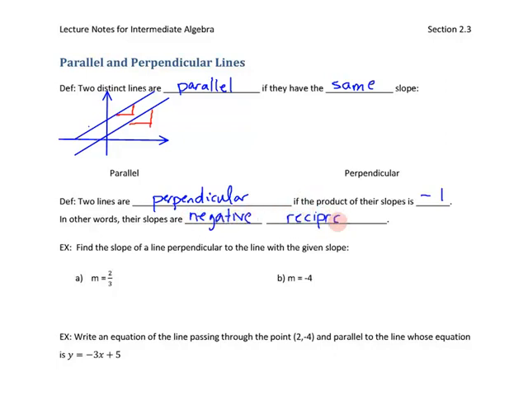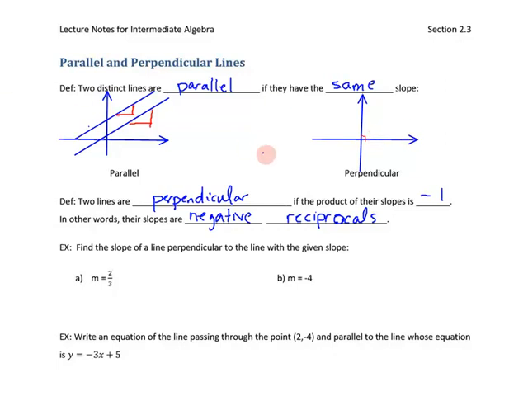Now, I'll go into further detail in just a second, but let me draw a picture of perpendicular lines. Obviously, the first and fastest example of perpendicular lines is the axes for the coordinate system themselves, because they form a right angle.